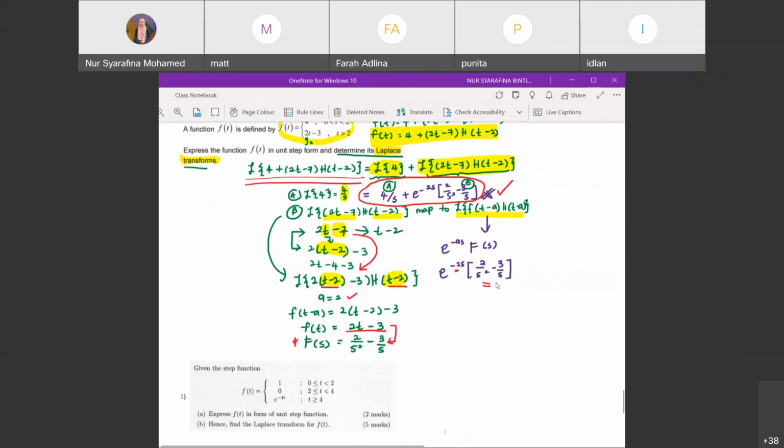Can you see it? First, express the function in terms of unit step function and then find the Laplace transform.